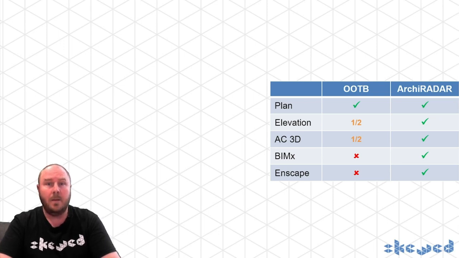ArchiRadar, which we'll see in a moment, looks really good in Archicad in 3D. It fills a gap for me where Enscape content doesn't actually work in BIMx, and it looks really good in Enscape. So it ticks the boxes from my perspective across all of those different deliverables and output needs.